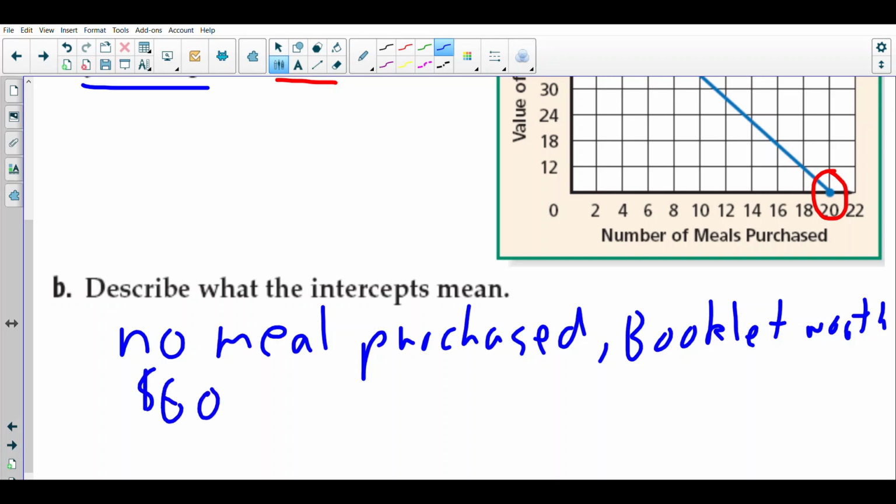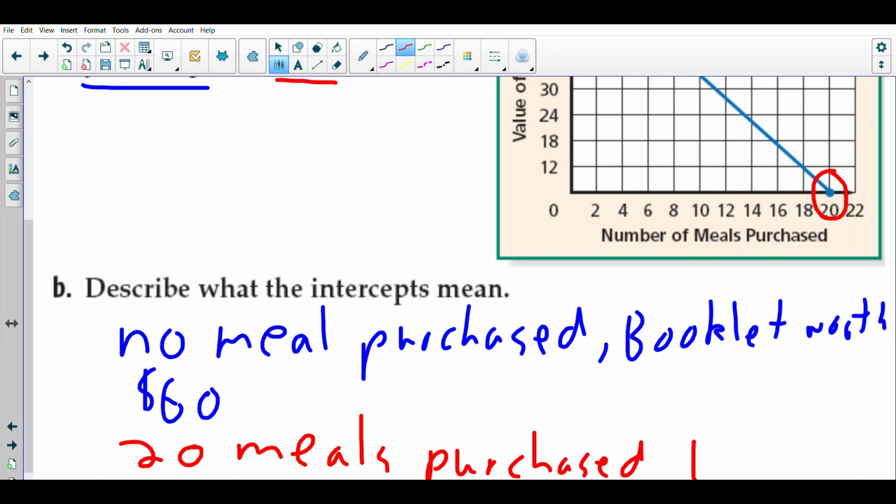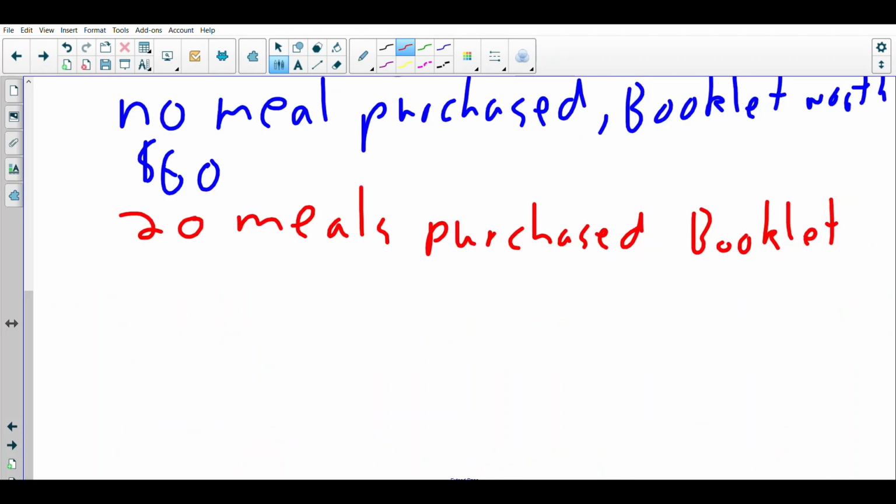And then for the x-intercept and the zero, that means we have 20 meals purchased and the booklet worth $0.